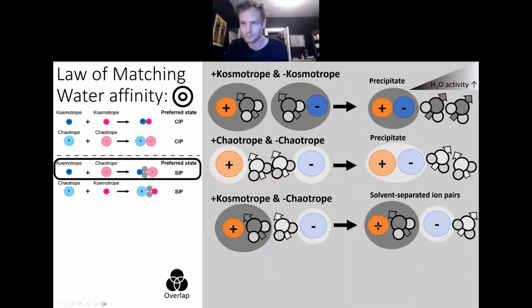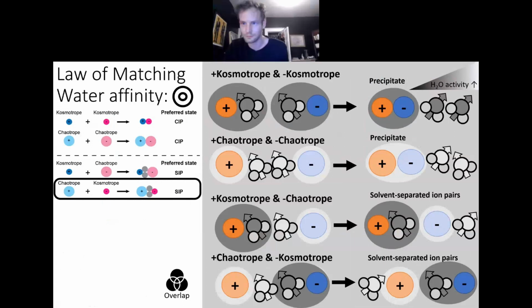And the way to interpret this that I take is that the charge on the negative ion, the negative chaotrope, isn't strong enough to displace the water that's strongly attracted to the cosmotrope. So it's much harder to get these to precipitate out when you have a cosmotrope and a chaotrope in solution, they tend to stay in solution better, right?